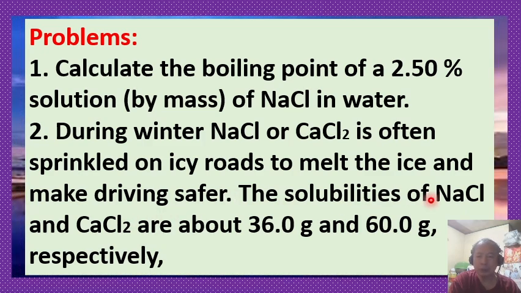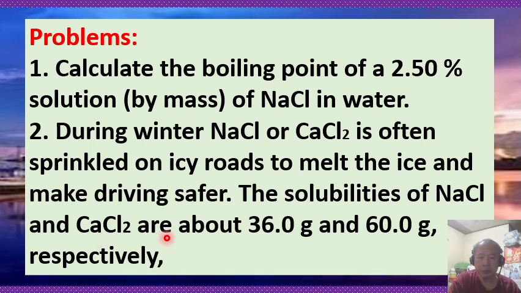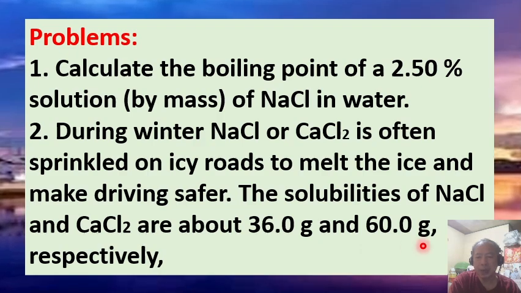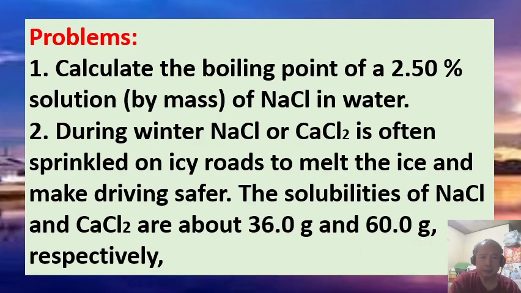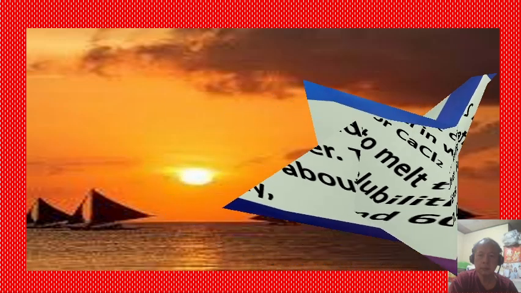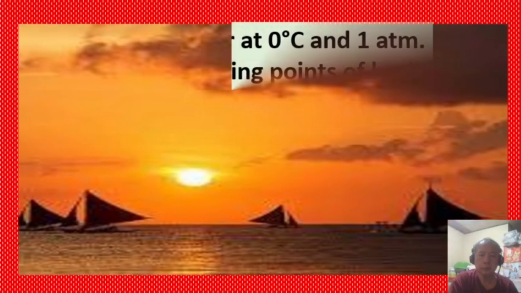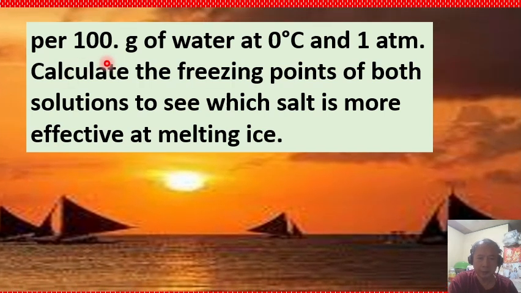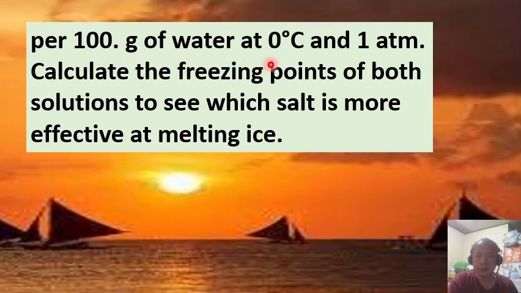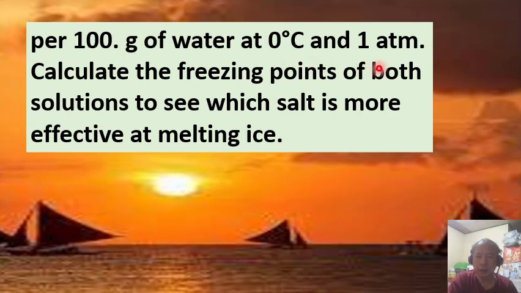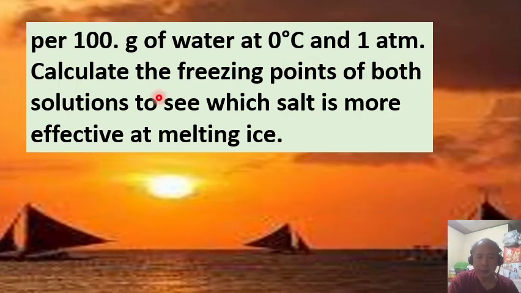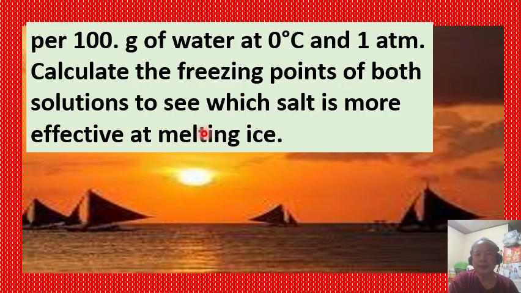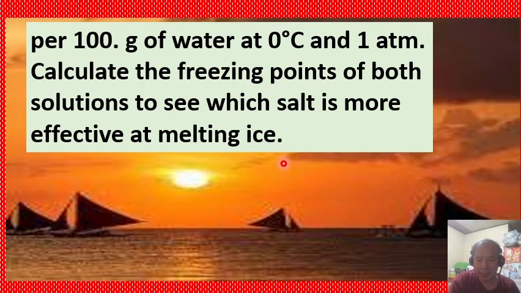The solubilities of sodium chloride and calcium chloride are about 36.0 grams and 60.0 grams, respectively, per 100.0 grams of water at 0 degrees Celsius and 1 atmosphere. Calculate the freezing points of both solutions to see which salt is more effective at melting ice.